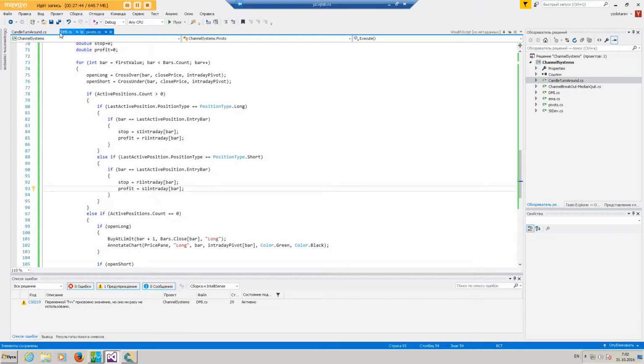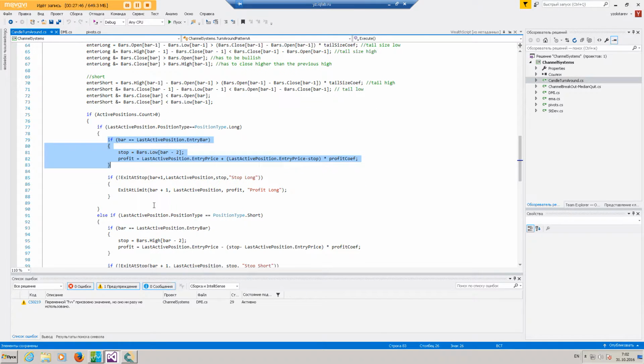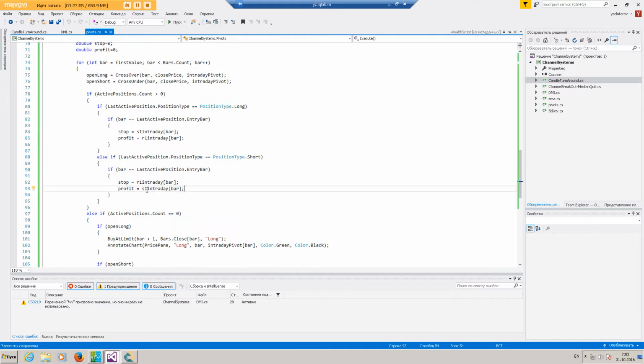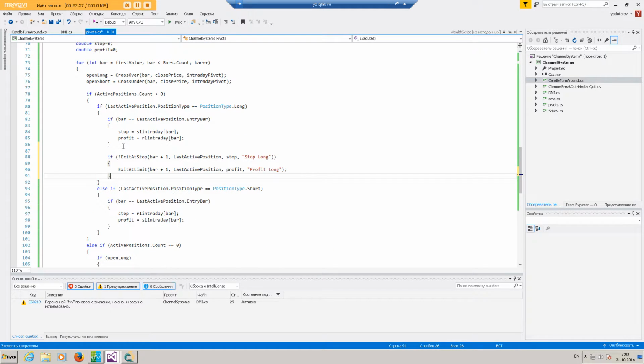Now we need to exit. So exit with stop, and if I can't exit with stop, so exit at stop on bar plus 1 last active position with this level, and if that can't happen, this is the sign for can't happen.